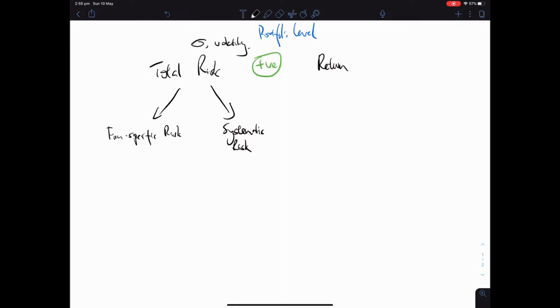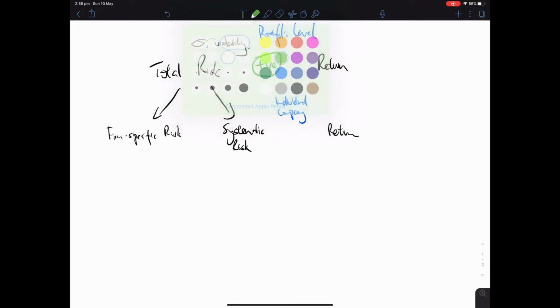But we don't see such a relationship between volatility and return at the individual company level. For individual companies, there isn't a relationship between total risk, or volatility, and return. It just means no relationship.